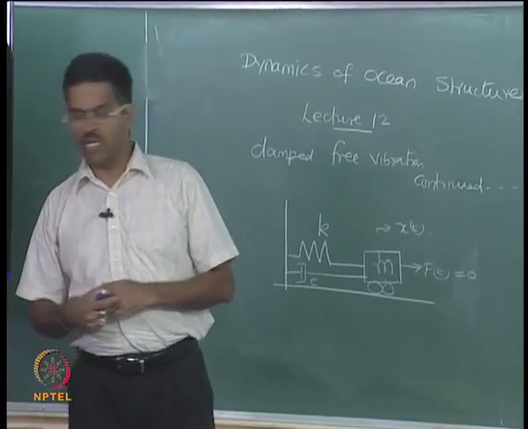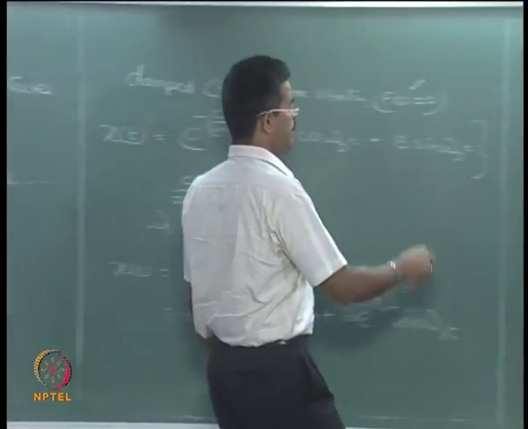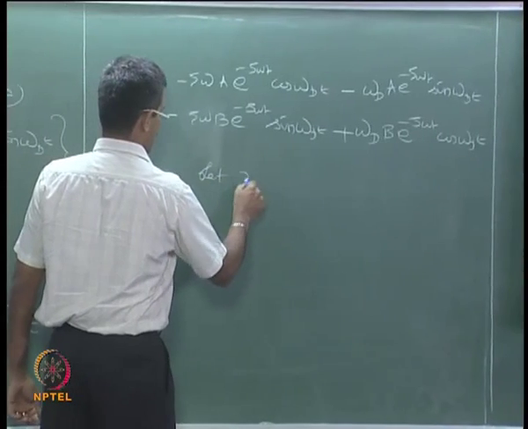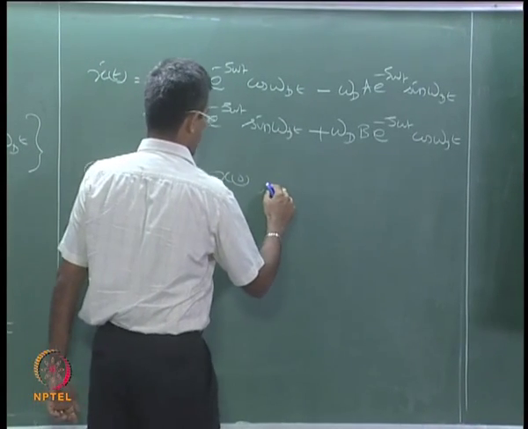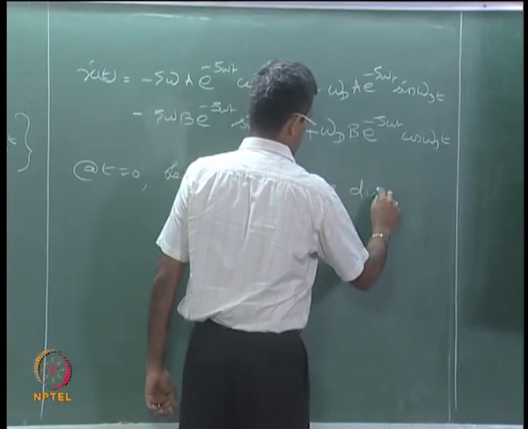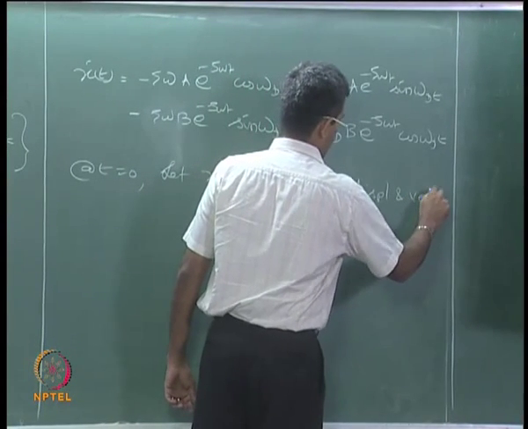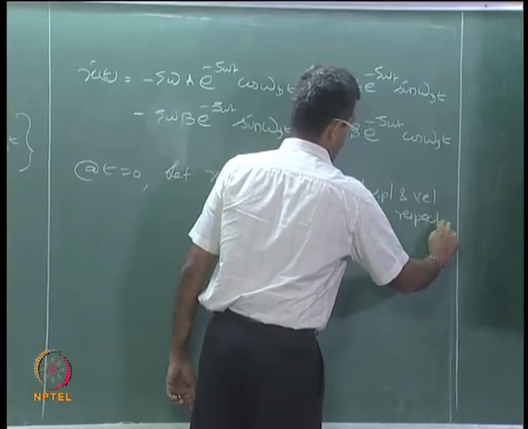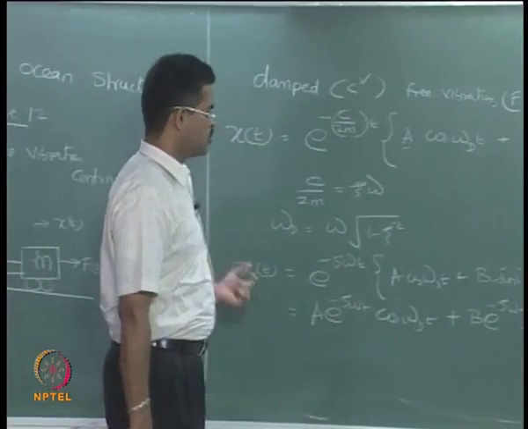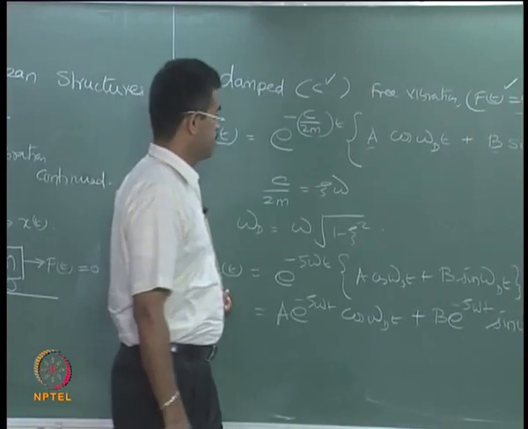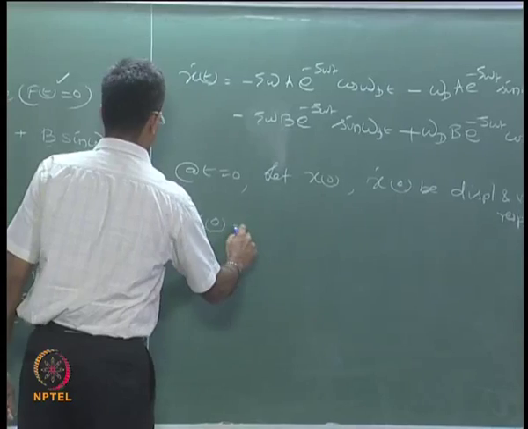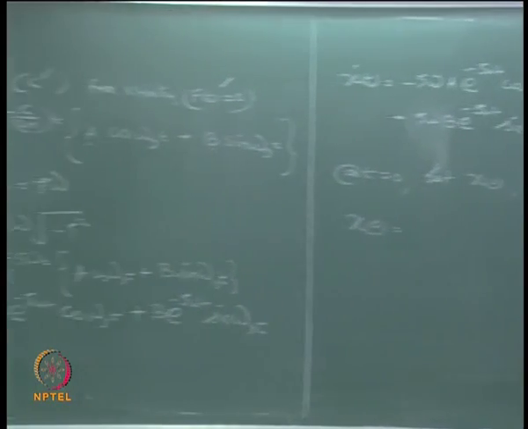So let us use initial conditions at t is equal to 0. Let x 0 and x dot of 0 be displacement and velocity respectively. So let us substitute in this equation, at t is equal to 0, x 0.